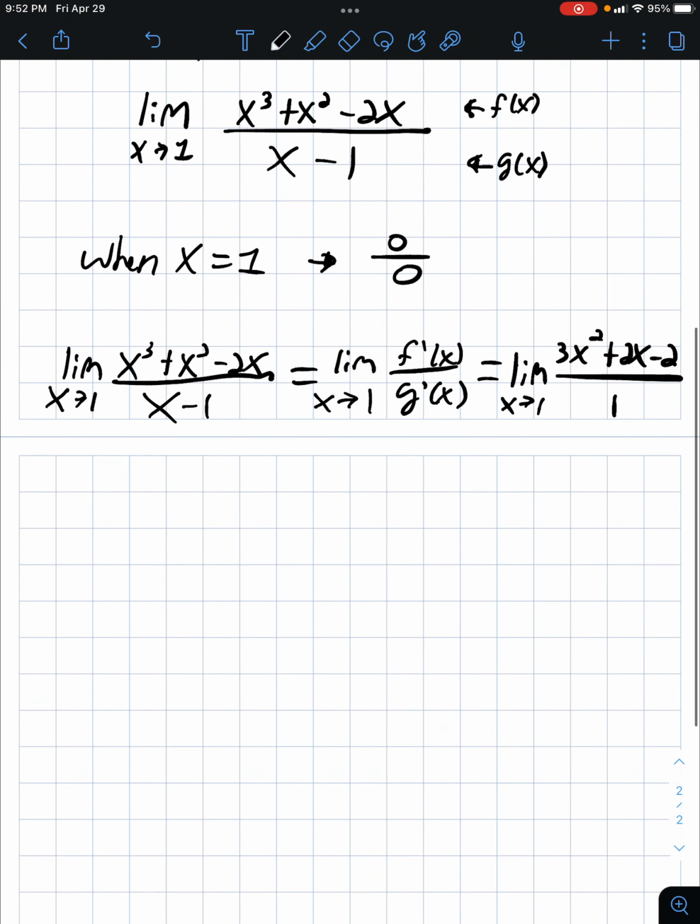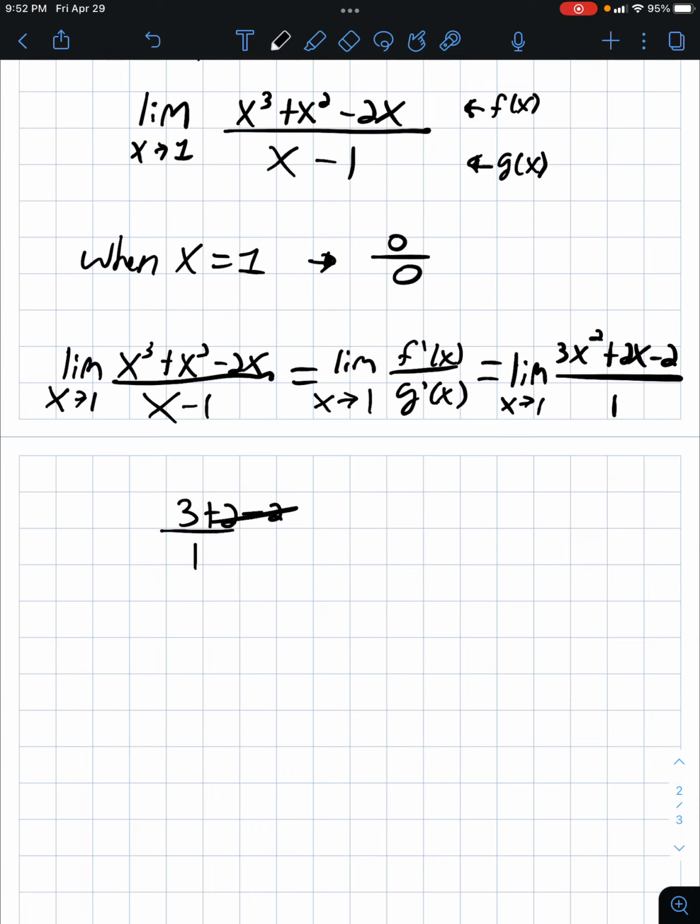Now if we plug x equal to 1 into our new f prime of x divided by g prime of x, we should be able to solve for a limit. So we get 3 times 1 squared, which is 3, plus 2 times 1, which is 2, minus 2.